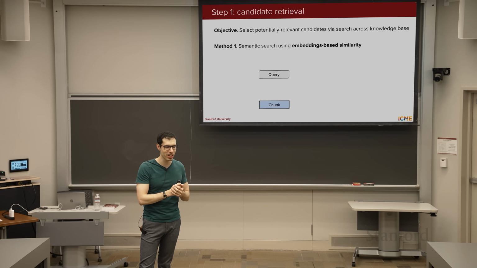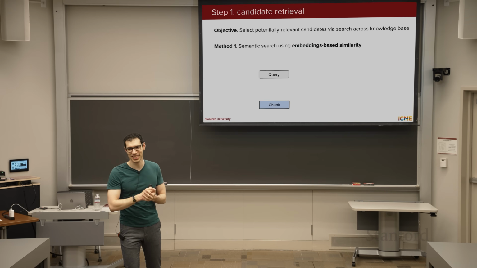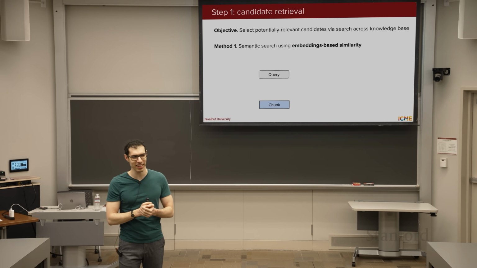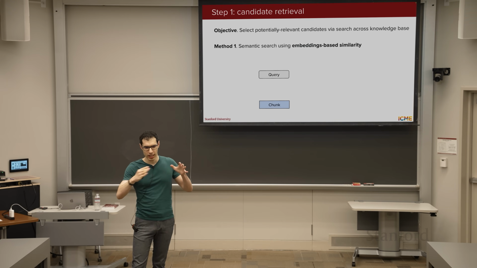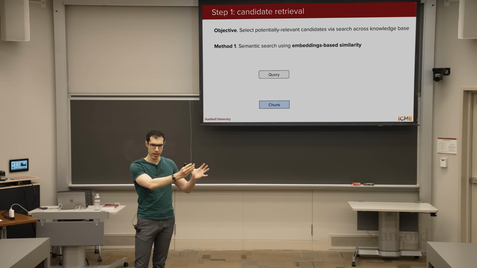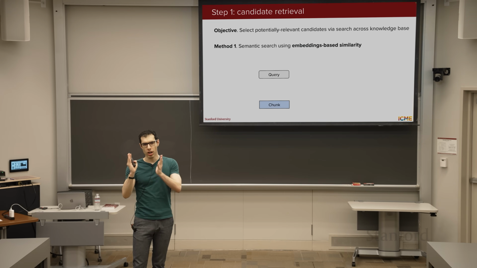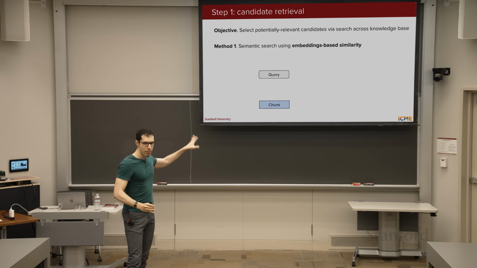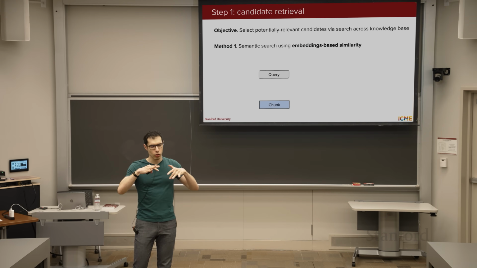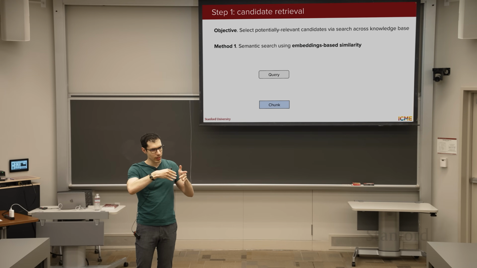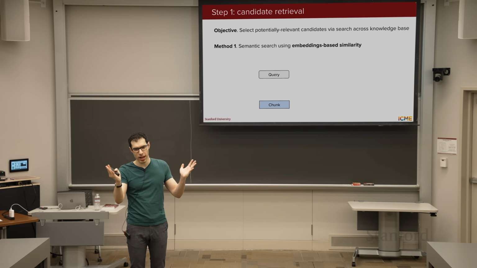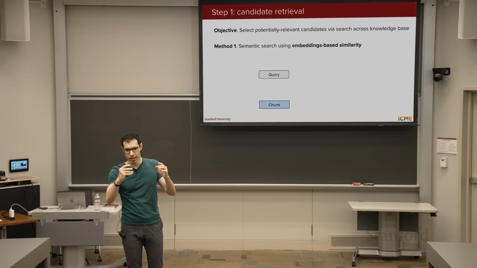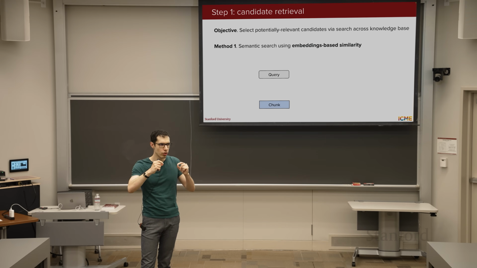So do you recall how we compare embeddings? Yes, cosine similarity is typically one good way to compare embeddings. So the idea here is to represent our query with an embedding. We already have embeddings of all our chunks. So the idea is to find the most relevant chunks by doing this similarity search and filtering out the ones that come at the top.